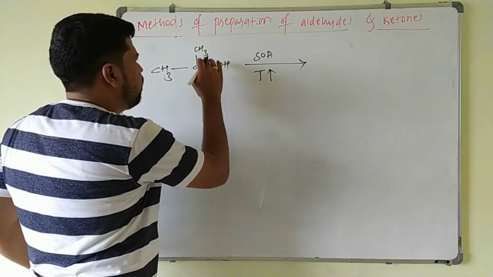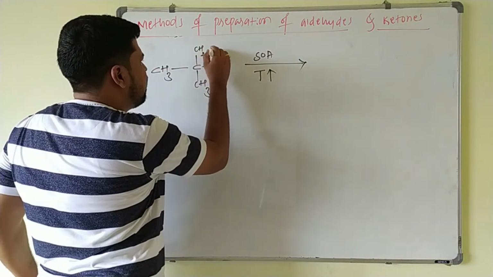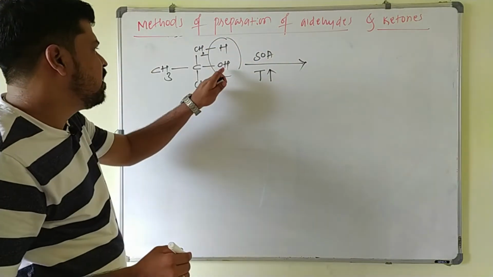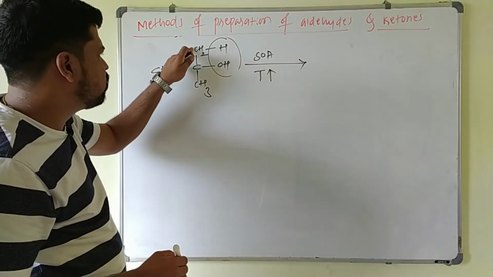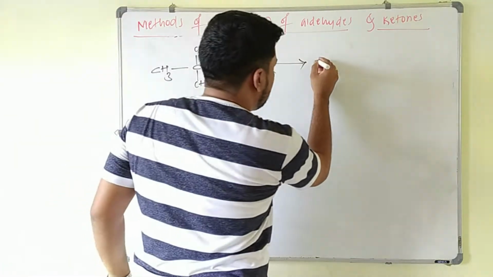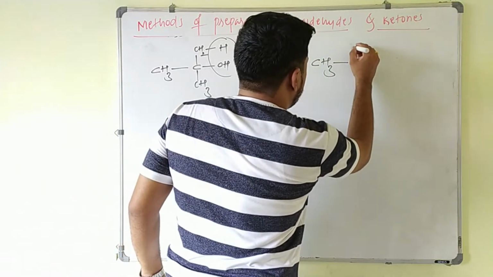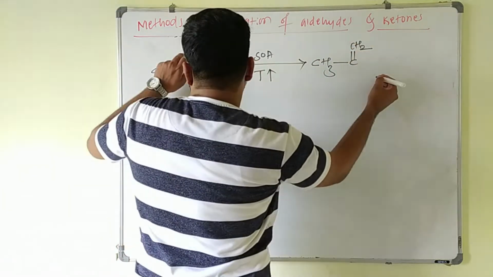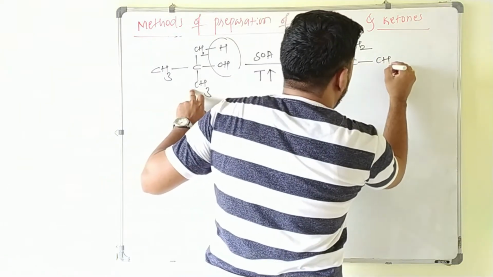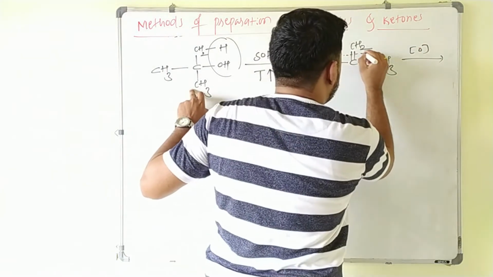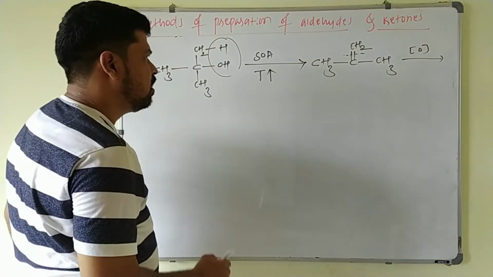So what you will do is, first it will undergo dehydration, so that you have to remove this H2O. Here OH is removed and here H is removed, so that you form a double bond between these two. This is CH3, C double bond CH2 and this CH3 is as it is. This upon further oxidation, just the CH2 group is removed and you add oxygen.